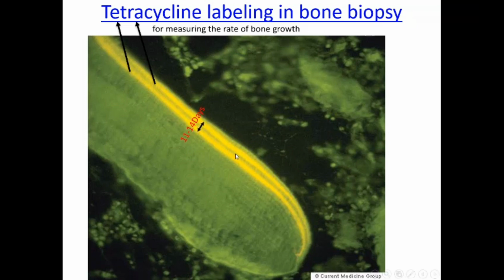In this technique, the physician administers tetracycline twice to patients with an intervening interval of 11 to 14 days. After that, a biopsy is taken from the bone, and the physician can understand whether this patient has bone formation or not.